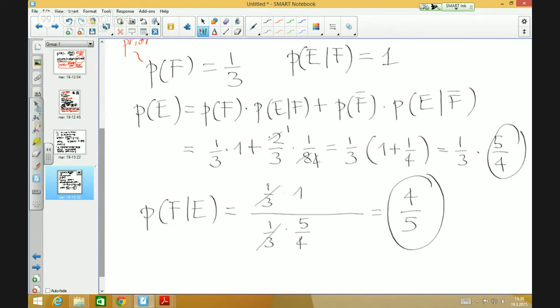So again, it's natural that you would expect that the probability has increased that you've actually picked the counterfeit coin if you saw head, head, head, because the probability of head is 1 for that coin. If you had picked one of the fair coins, it would already be unlikely that you get head, head, head. It's only 1 in 8, the probability.